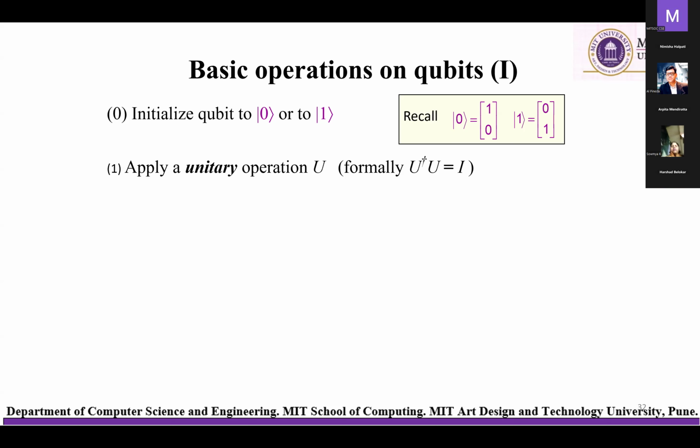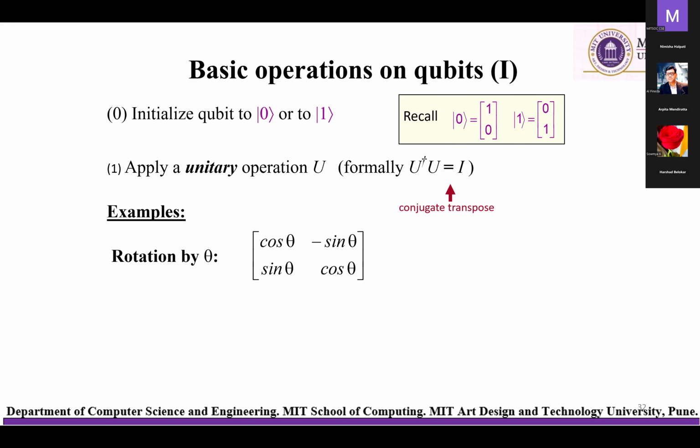U refers to a unitary operator, a mathematical transformation, and U dagger denotes the conjugate transpose, also called the Hermitian conjugate, of the operator. I is the identity matrix here. So, the unitary operations.